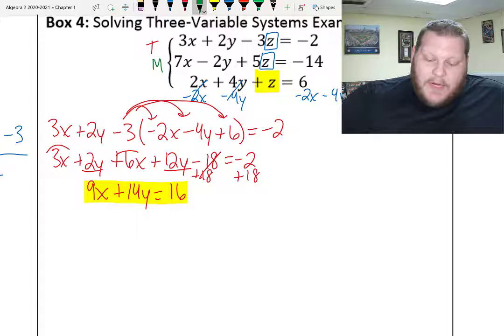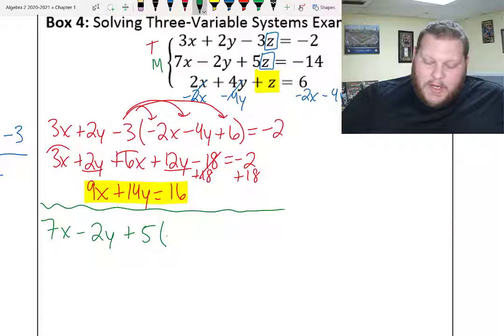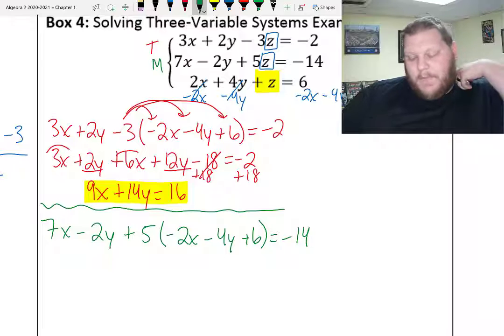I'm going to do that same process again on my middle equation. My middle equation originally was 7x minus 2y plus 5z. So now again I'm going to write negative 2x minus 4y plus 6 in for z, equals, and this was originally negative 14. From here, same general process.